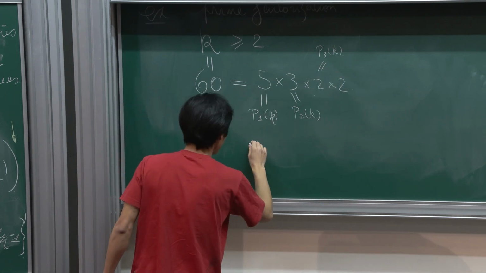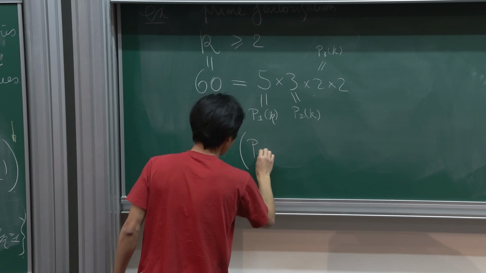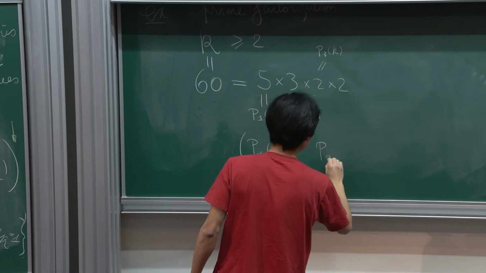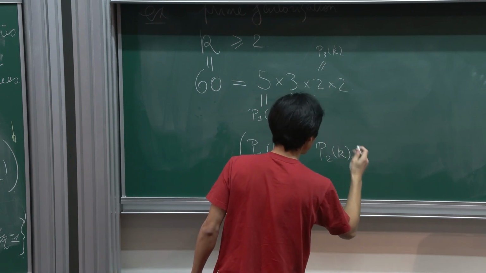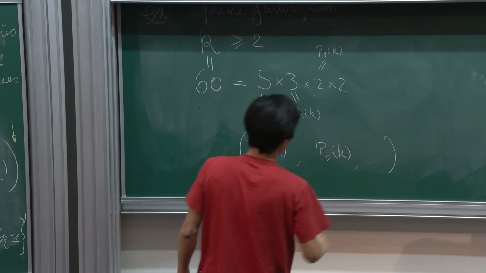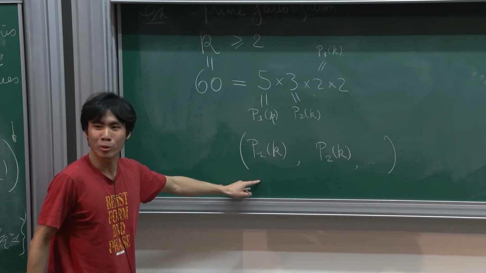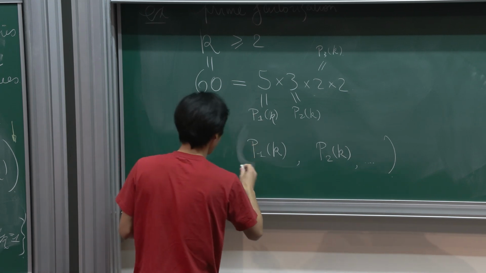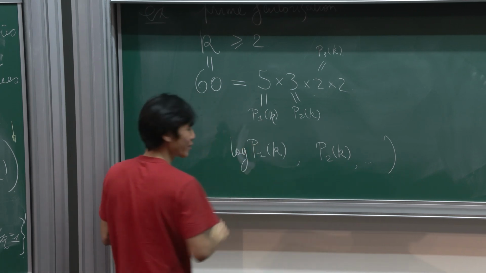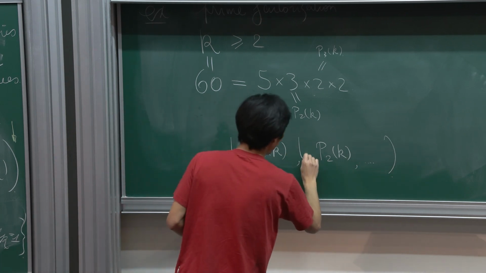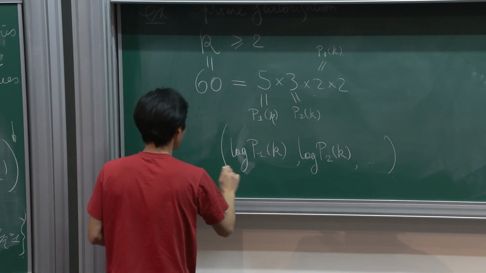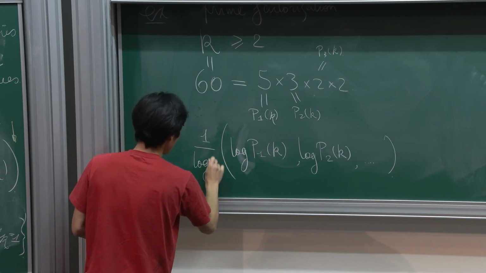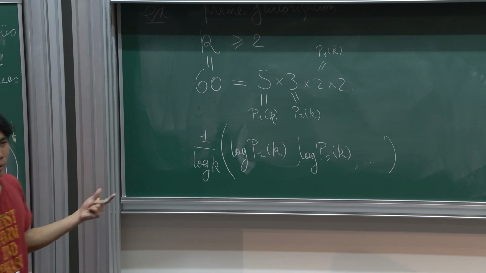And you can put them in a vector, for any integer. But it's not the simplest, because the product is k, but not the sum. That's actually not complicated, because you can just take the log. Once you take the log, it becomes something additive, and you normalize everything by the whole product, which is k.